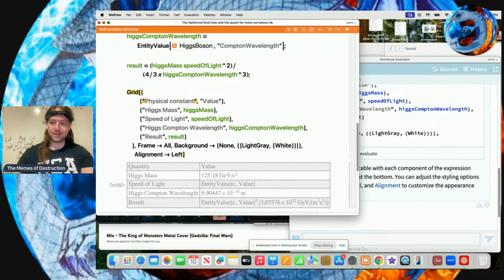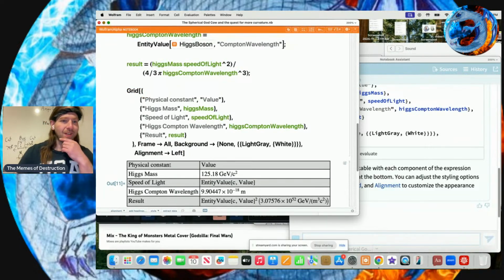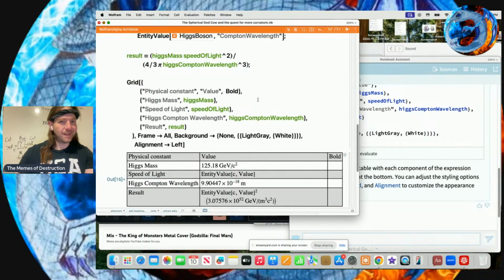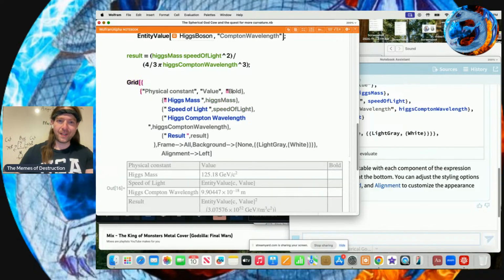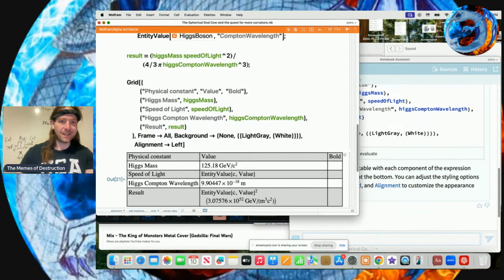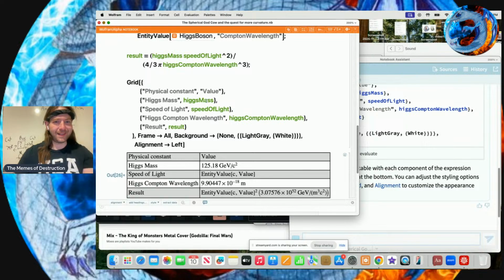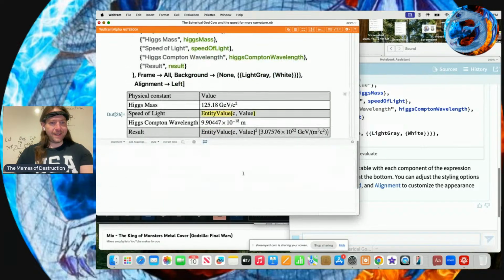Oh, sorry. Oops. All right, so this is the physical constant. I'll make this bold. I don't know enough. All right, so physical constant. Value, blah, blah, blah.